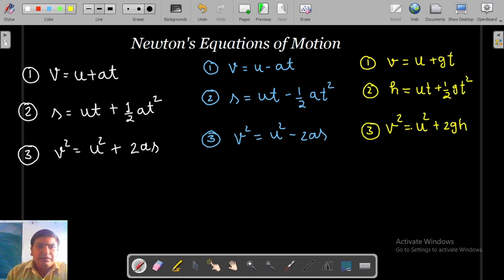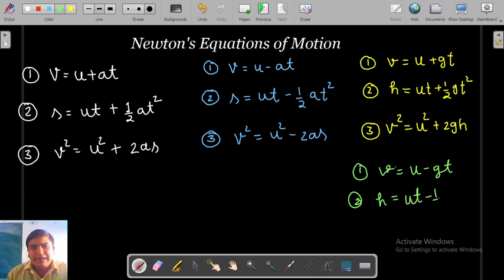If the ball or a particle is going against the gravity, or we can say that if we throw a particle vertically upward, then the equations of motion can be written as follows, that v equals to u minus gt, h equals to ut minus half gt square, and third one is v square equals to u square minus 2gh.